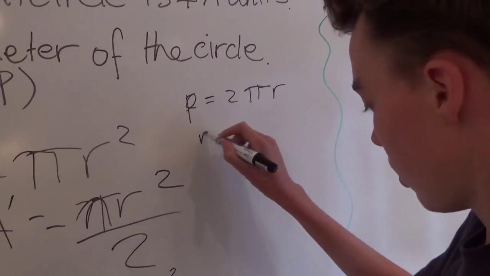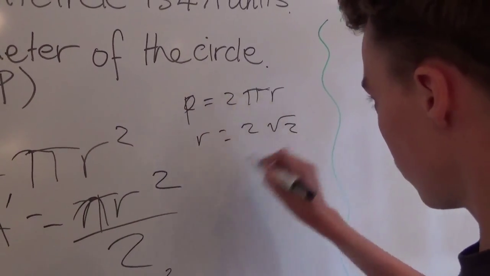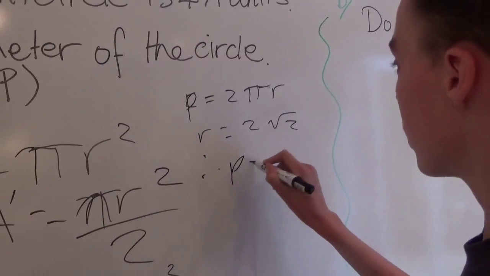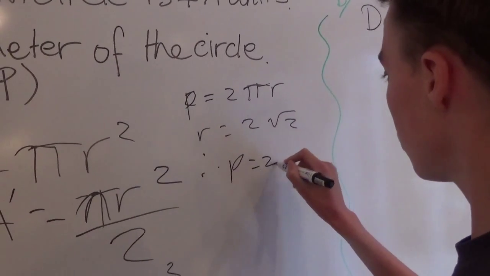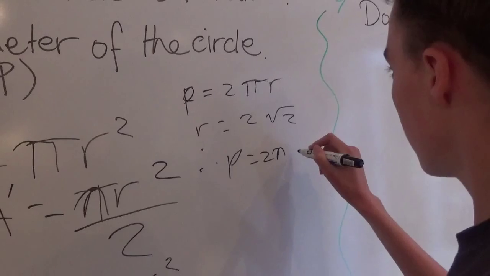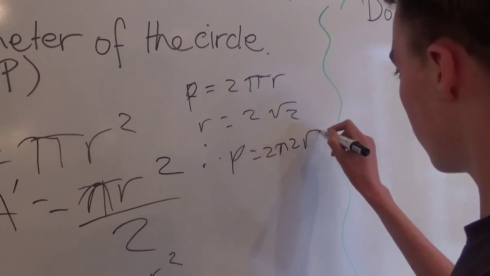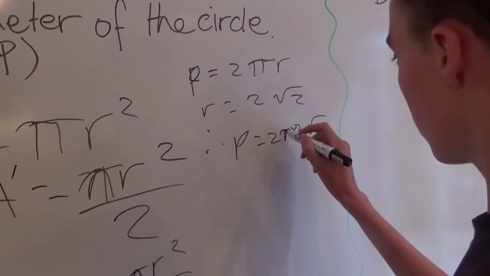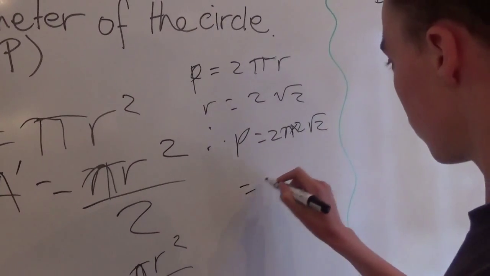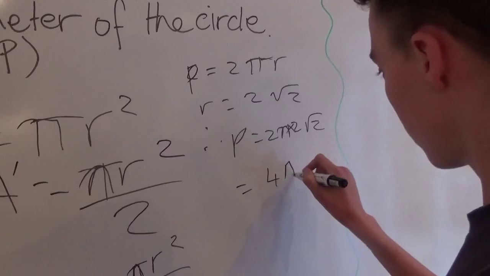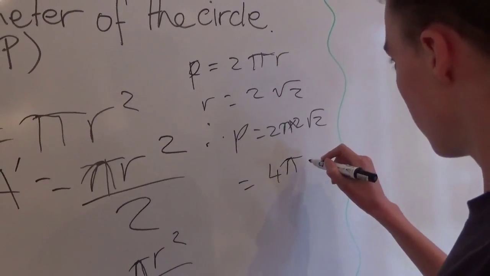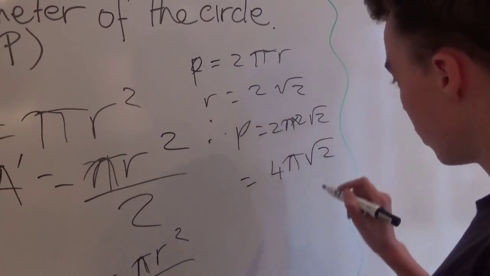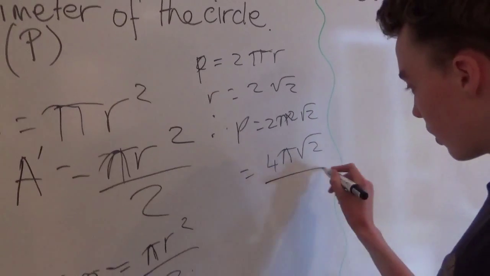And r equals 2 root 2, therefore the perimeter equals 2 pi times 2 root 2, which equals 4 pi root 2. And that is your final answer.